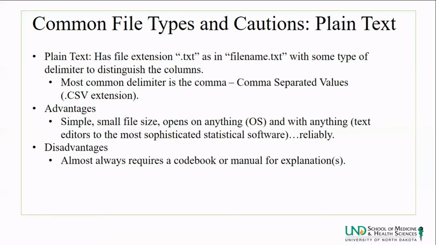You'll see the file extension CSV is fairly common, comma separated values file, which means each column is separated by a comma. Other popular delimiters are space, right? Space delimited file might have the extension .txt, or you might have a pipeline, which is just an up and down line to differentiate the columns, right? So that would be a pipeline delimited file. Might also have the file extension .txt.